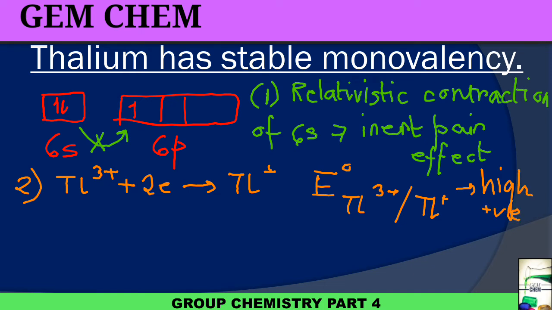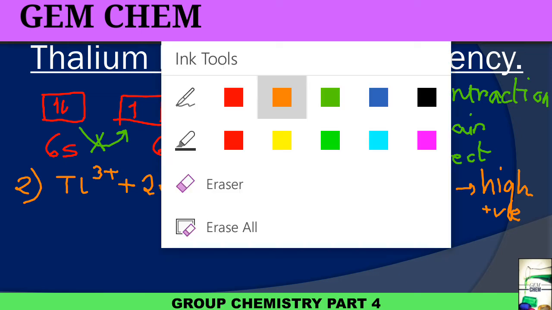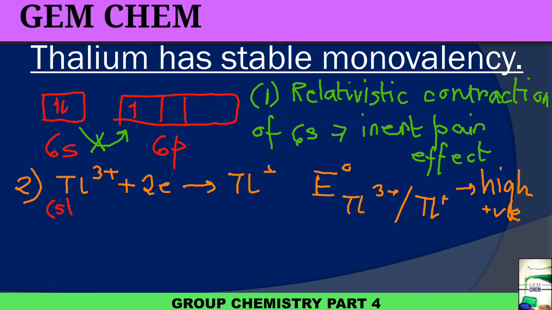So what does it imply? It is due to the high positive standard reduction potential of this couple, that is thallium 3+ and thallium +, that the thallium 3+ compounds are quickly reduced to thallium +, the former behaving as a strong oxidant. So this one is behaving as a strong oxidant.